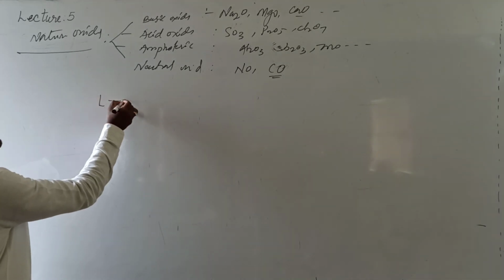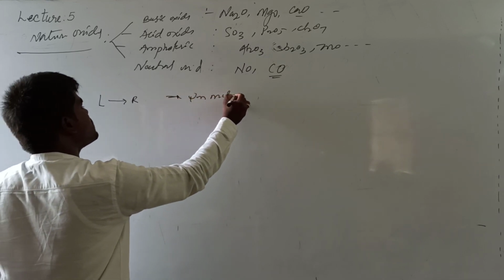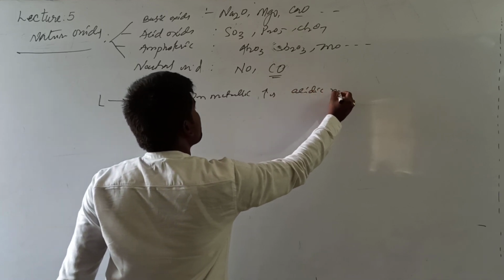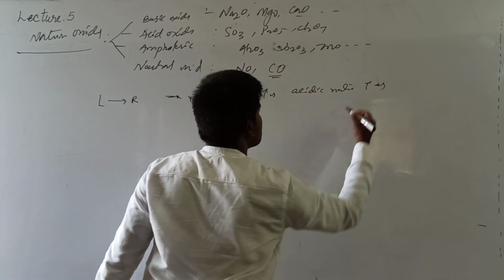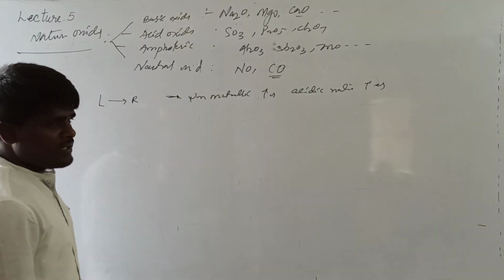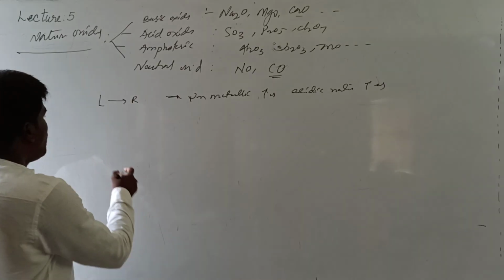Now we are talking about periodicity and the nature of oxides. When you are moving left to right in a period, non-metallic nature increases, so we can say the acidic nature of oxides increases. Because of that, halogen oxides are more acidic in nature.